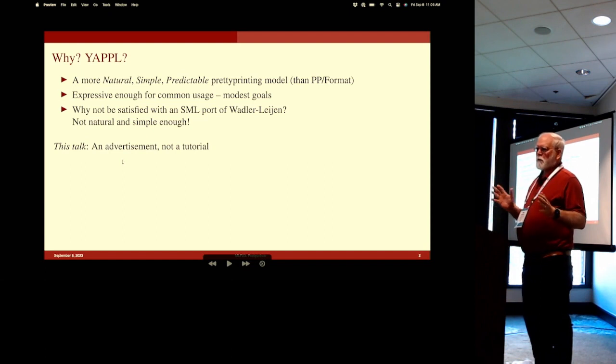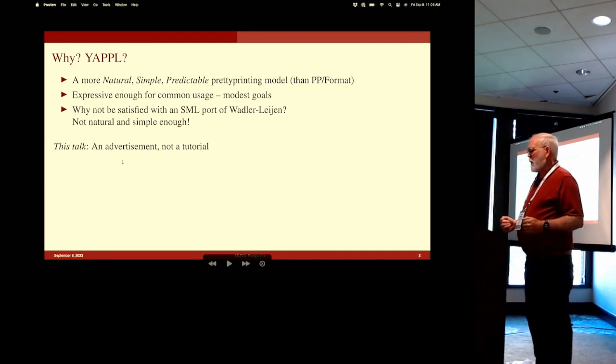And so I have a very simple, pragmatic goal, which is to have a better pretty printer for my uses. I want something that's natural, simple, predictable, and a fairly transparent model.